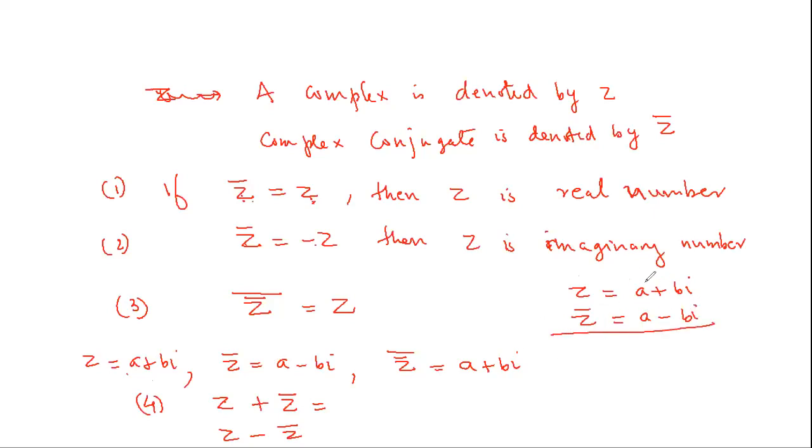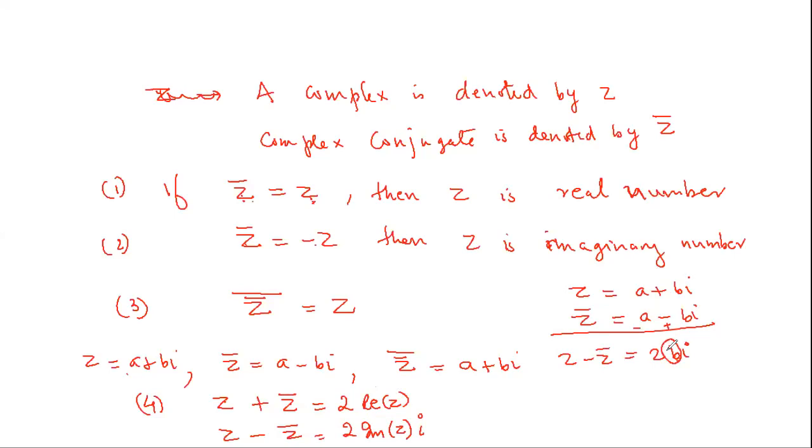Add both, what will you get? 2a, twice the real part. And if you subtract, you get 2bi.